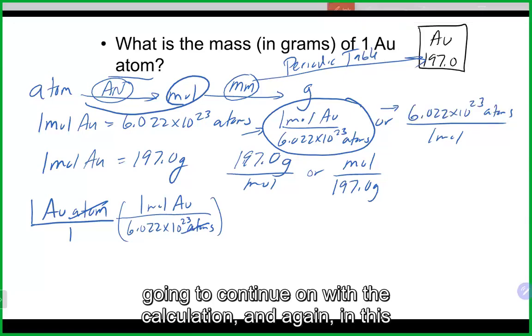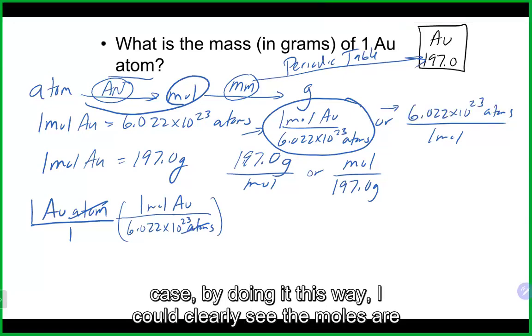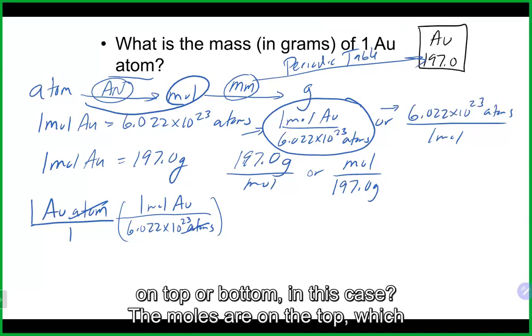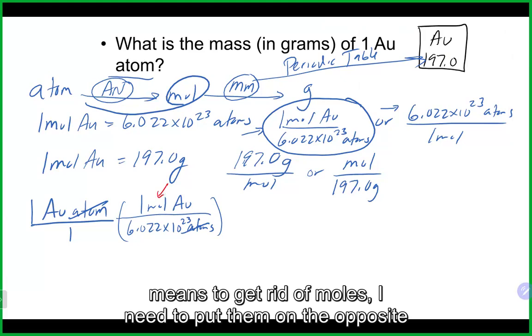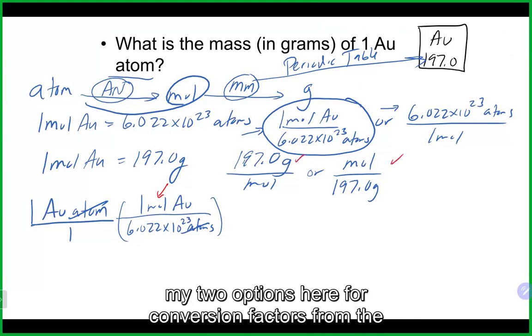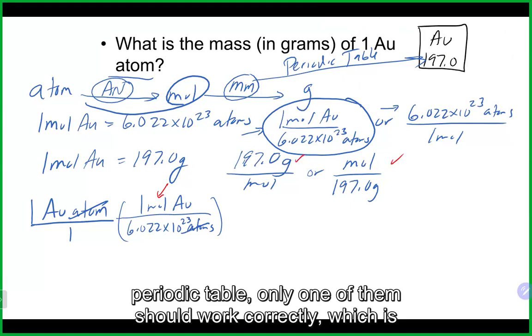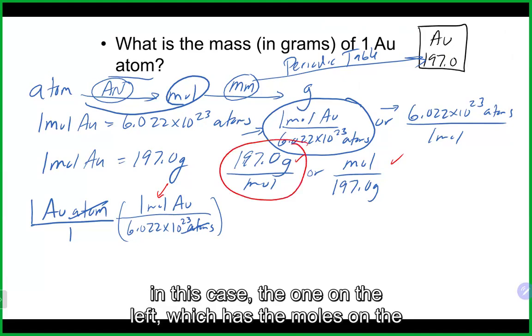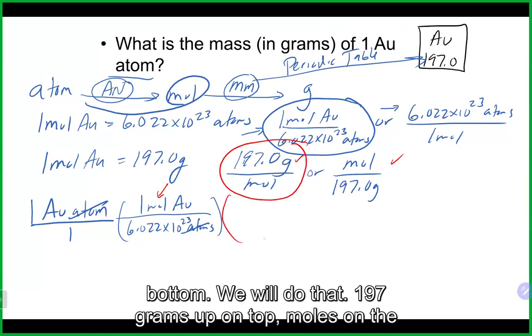By doing it this way, I can clearly see the moles are on top, which means to get rid of moles, I need to put them on the opposite location, which would be the bottom. So when I look at my 2 options here for conversion factors from the periodic table, only one of them should work correctly, which is, in this case, the one on the left, which has the moles on the bottom. We will do that.